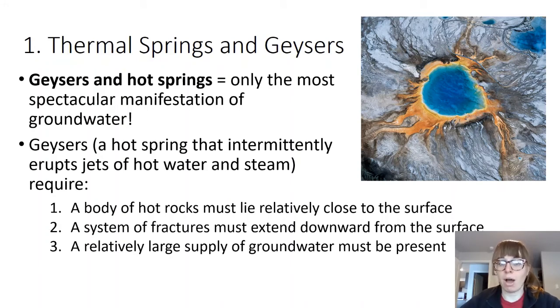So you have to have some hot rocks, fractures extending down from the surface, and lots of groundwater. We're going to have groundwater, we're going to heat it up, and it's going to rise up through those fractures to create an eruption of hot water in the form of a geyser.